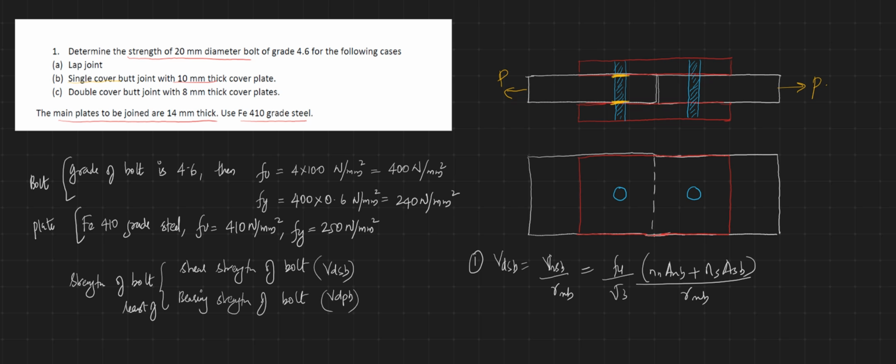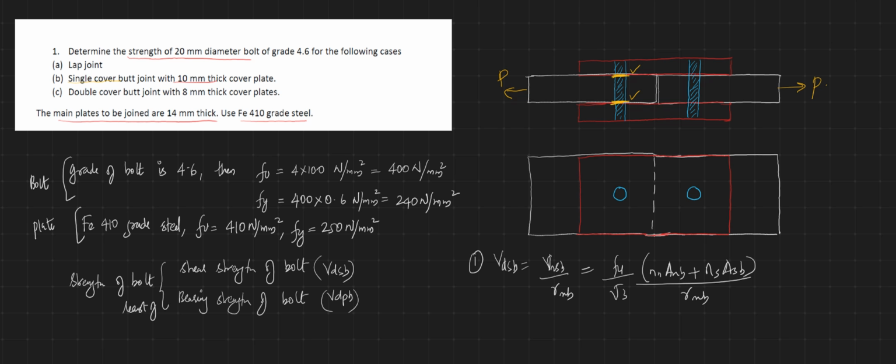So the shear plane here for a double cover butt joint is 2. The number of threaded planes NN is 1 here, definitely 1 will be here, and sometimes 1 will be here. If the portion is not threaded, then the portion will be shank, but definitely one portion will be a threaded area and one portion will be a shank area, or both portions can be threaded area.